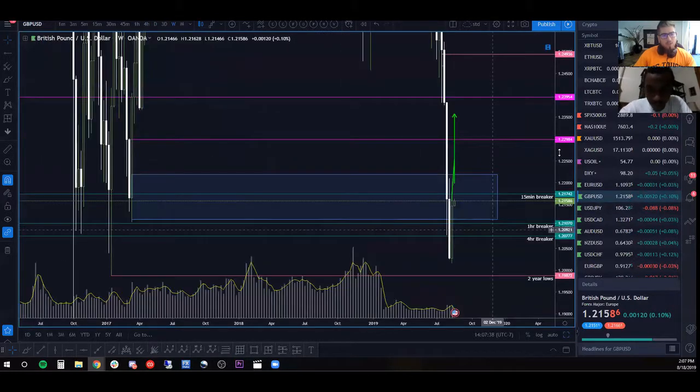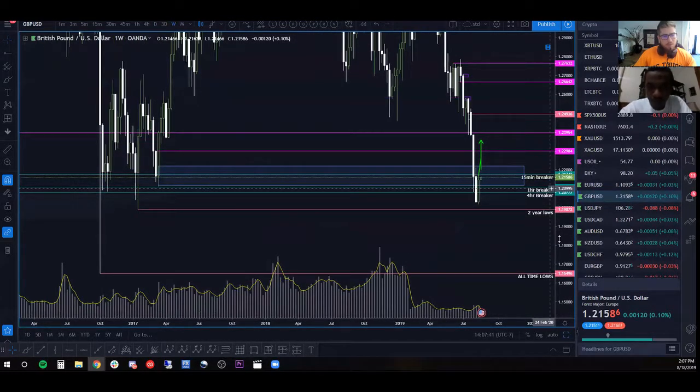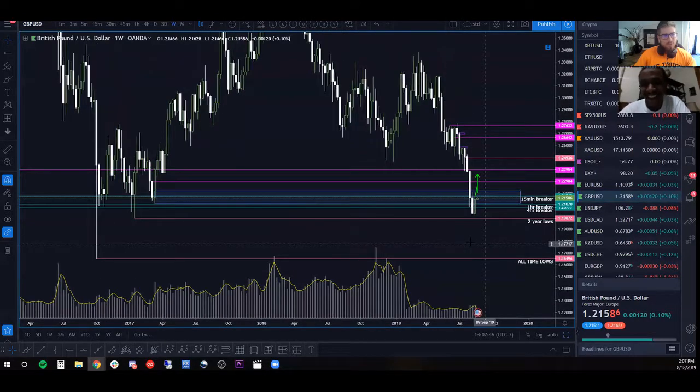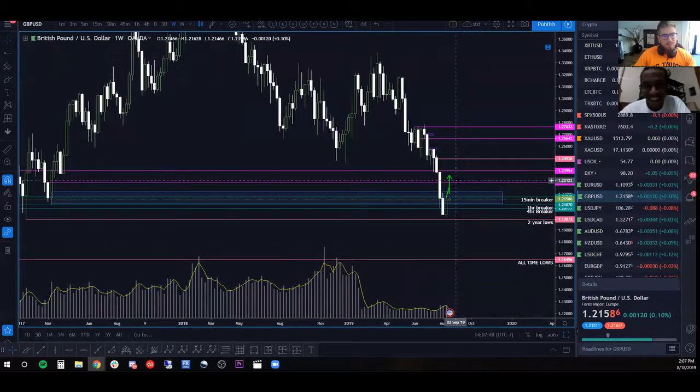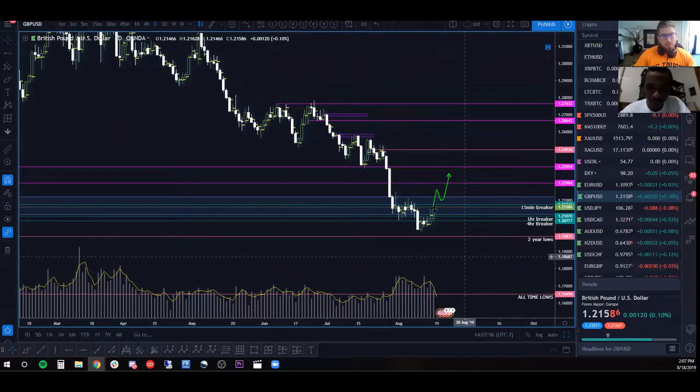This is not a pair that you're going to want to sit in a long for very long, at least not right now. So it's a little bit safer to be taking these shorts because of all of that bearish news on the Brexit and everything like that. But right now is also not a good time to short. We wait for it to come up here, or we long the breakout.